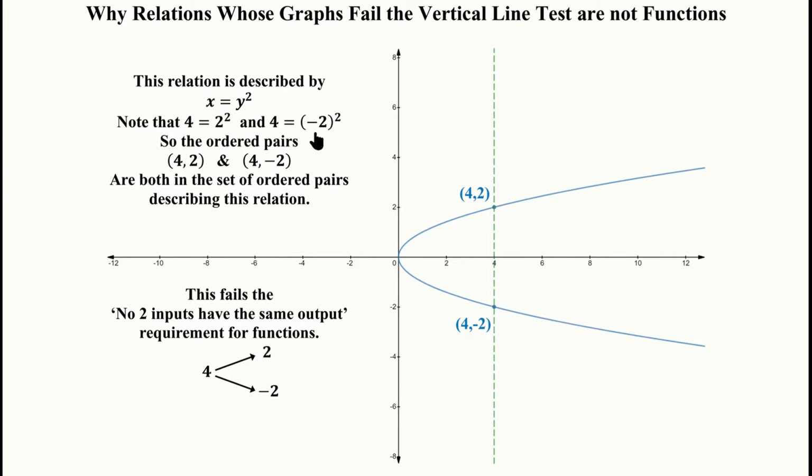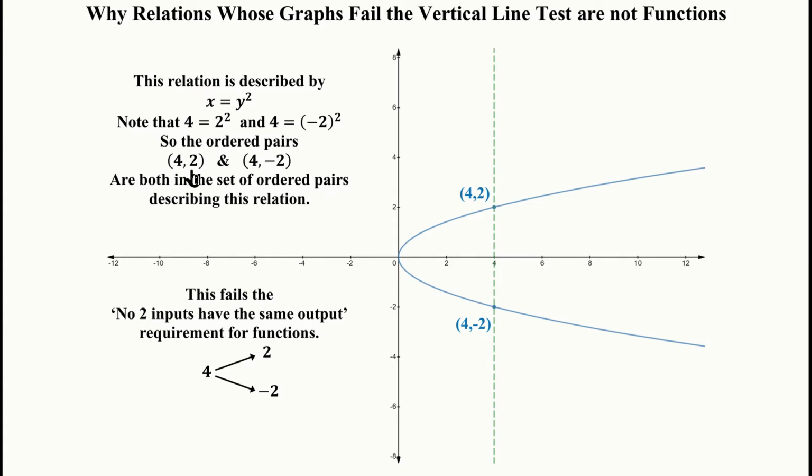And we notice that if we take the x value 4, there are two y values that we can square to get that x value, namely 2 and -2. So this creates the exact situation that functions need to avoid. We have distinct ordered pairs which have the same first coordinate.